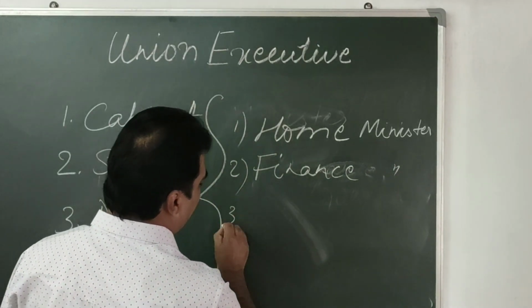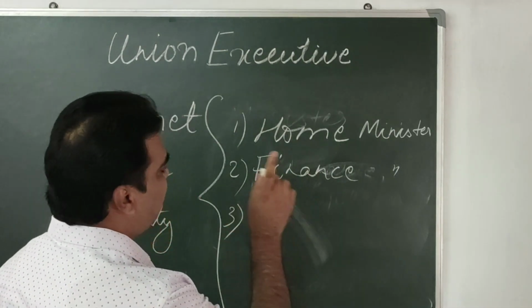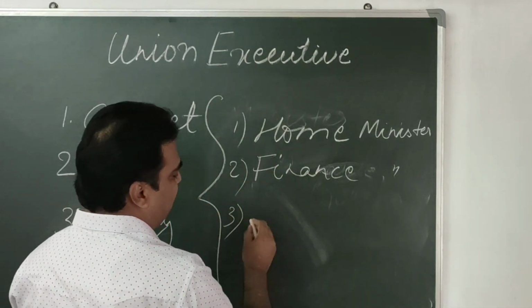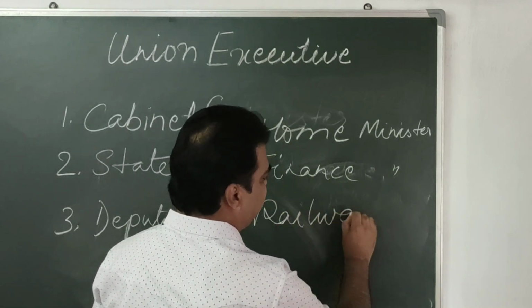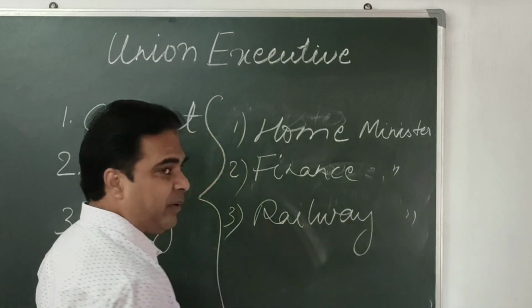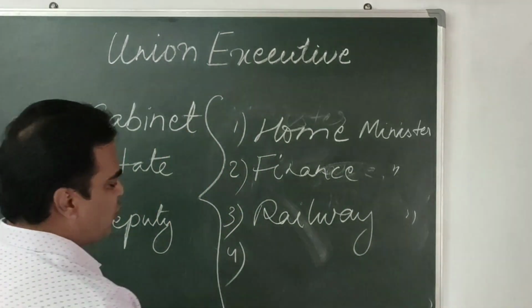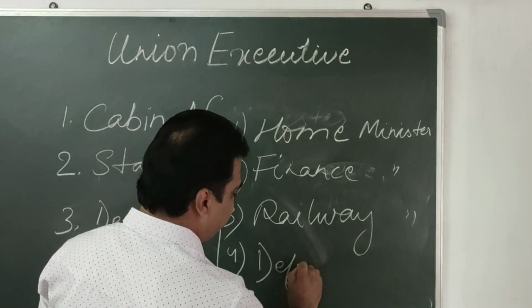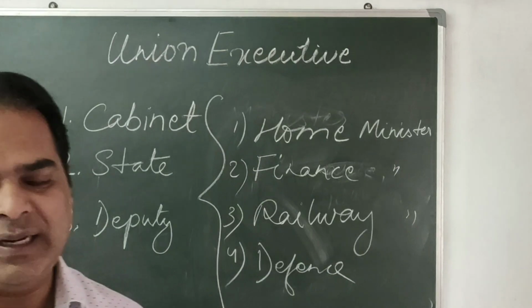Number three, let us say Home Minister, Finance Minister, then Railway. Railway is also important. Number four, Defense. Defense is also there.